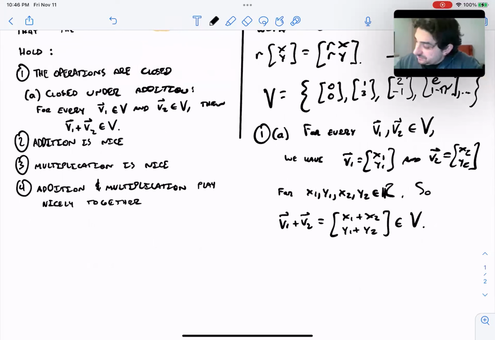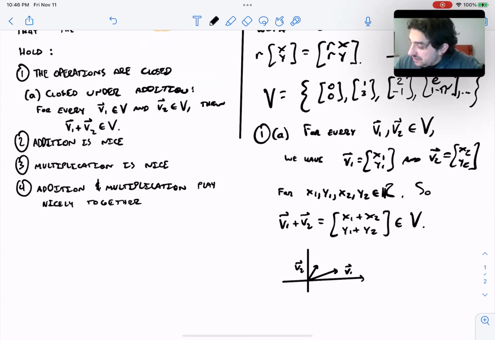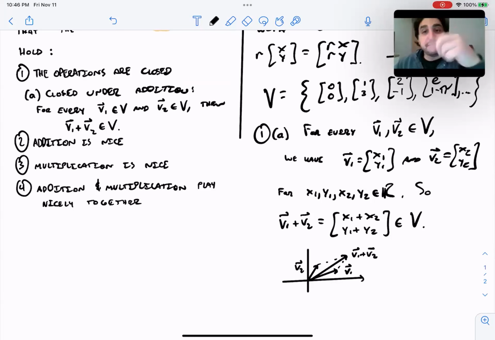We're saying that if we take one vector v1 and add to it another vector v2, then their sum, v1 plus v2, is still in this set. V represents the entire plane. So this is closed under vector addition. Adding 2 vectors in the plane produces another vector in that same plane.